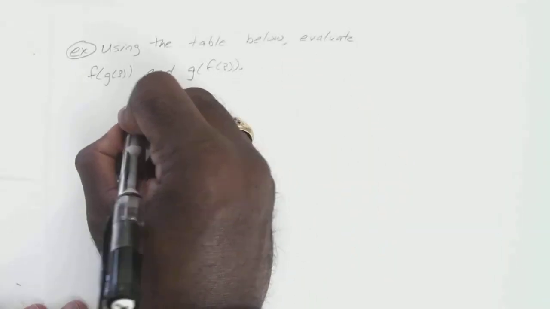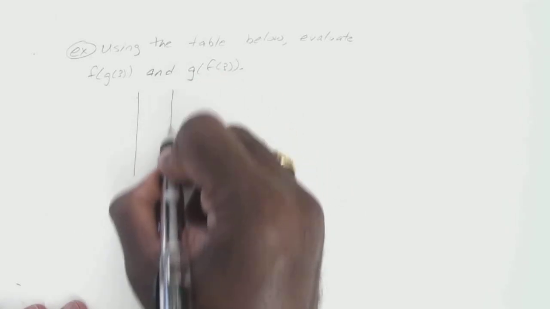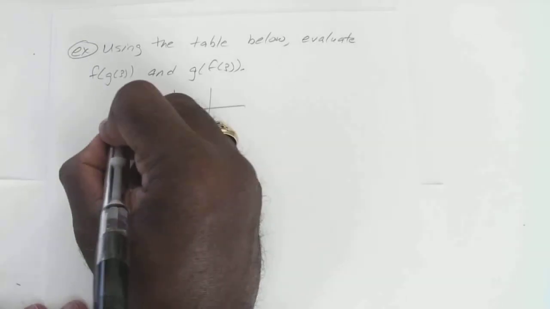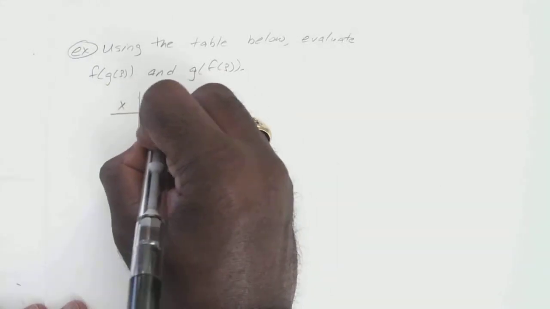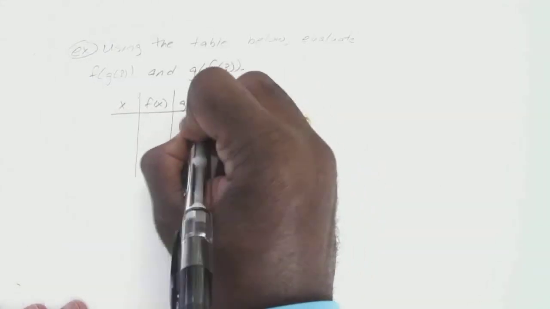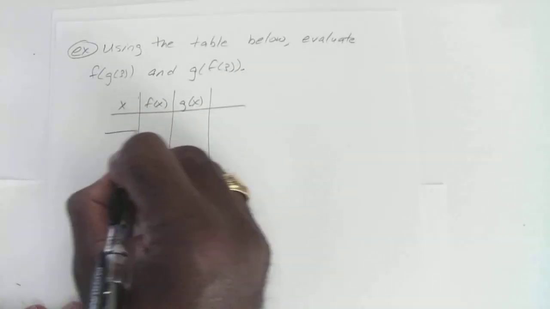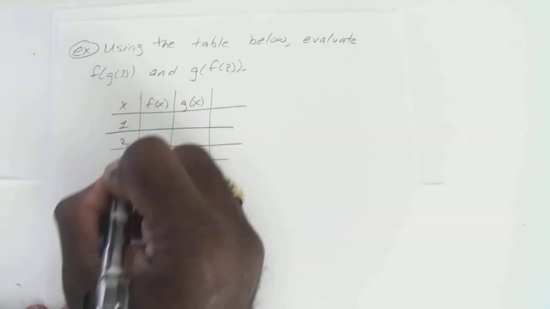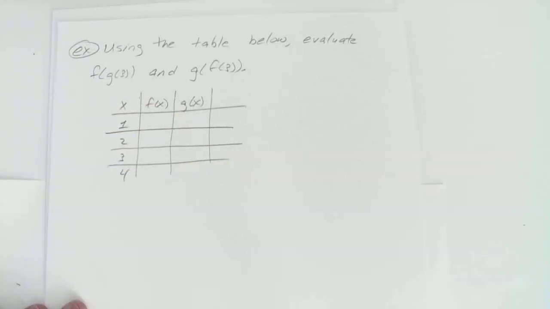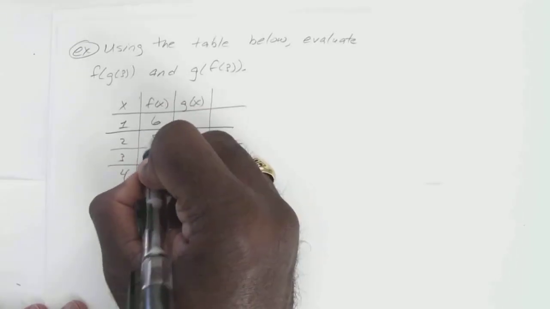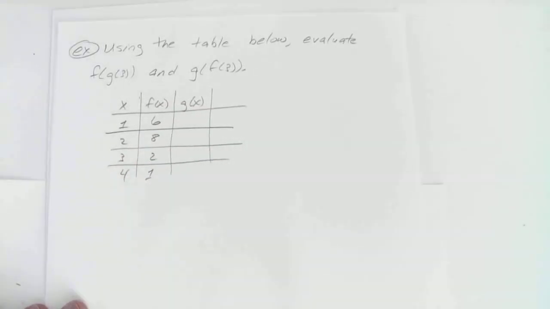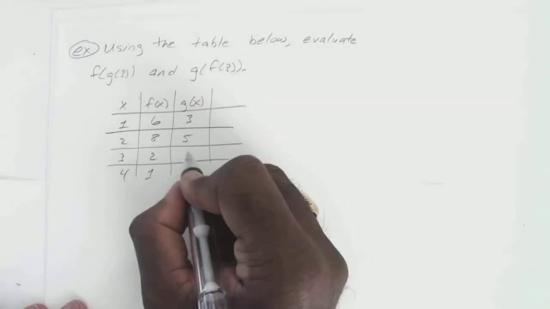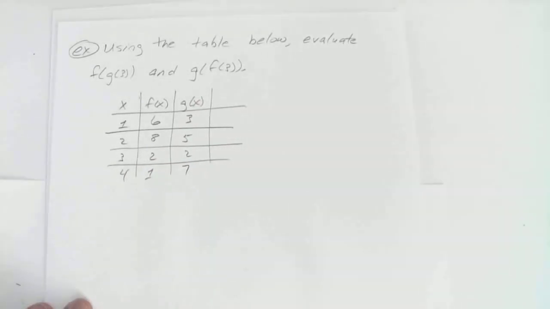Let's say our table looks like this, where you have your x, your f of x, and your g of x. Your x is equal to 1, 2, 3, and 4. Your f of x is 6, 8, 2, and 1. And g of x is 3, 5, 2, and 7.